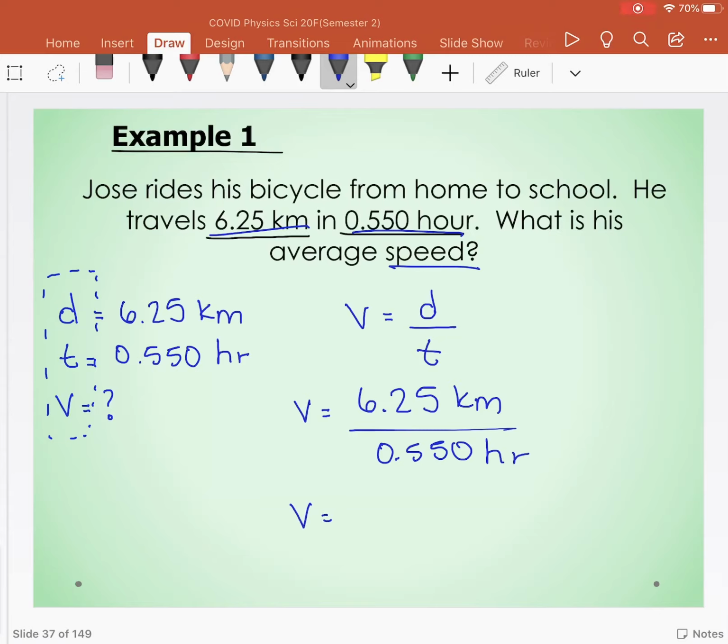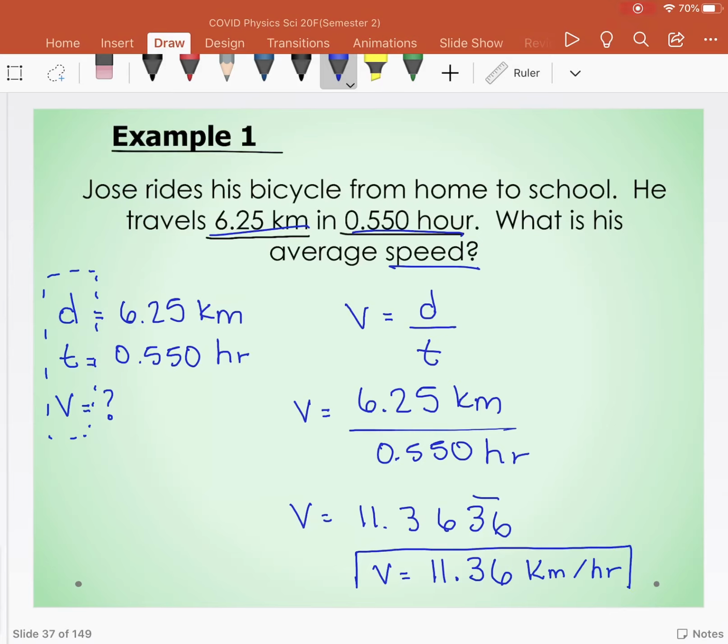So 6.25 divided by 0.55. That's going to give me 11.3636, and that 36 is repeating. I'm just going to round off to 2 decimal places, and it's very important to include units. And because it's speed, we don't need a direction.